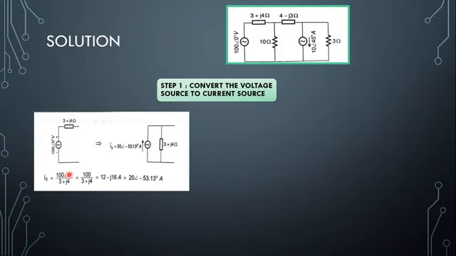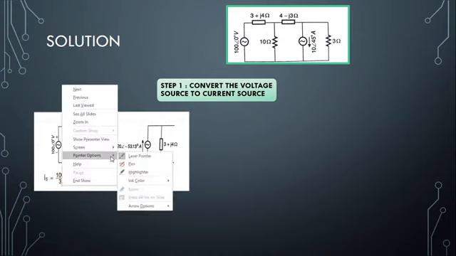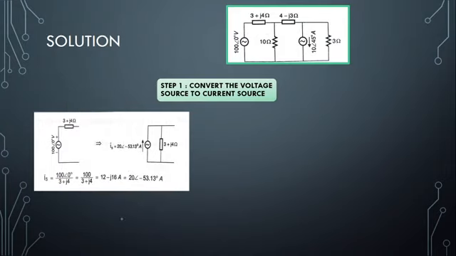The V value is 100 angle 0 volts and the impedance value is 3 plus j4. So I equals the voltage value divided by Z, as per Ohm's law.